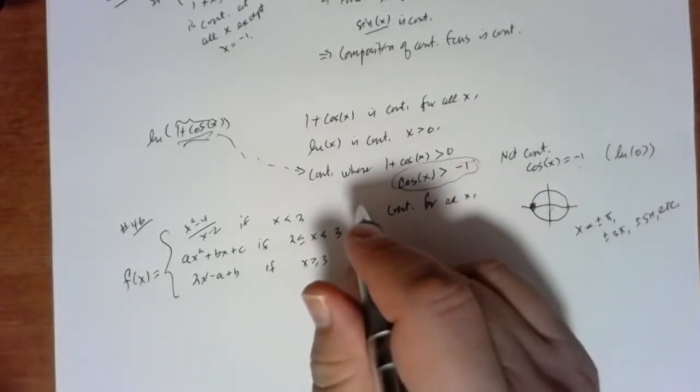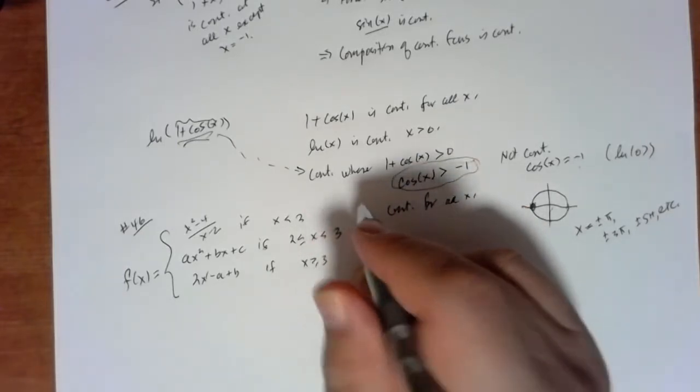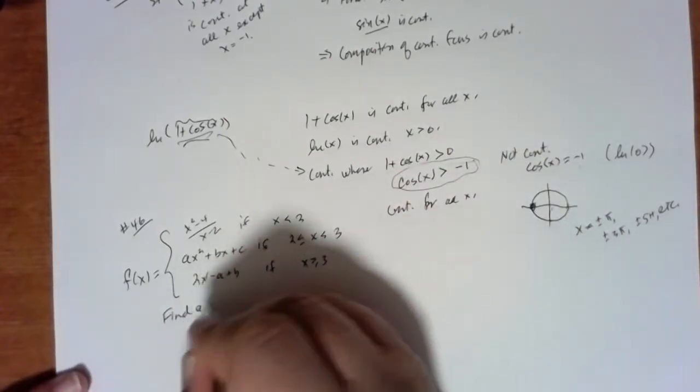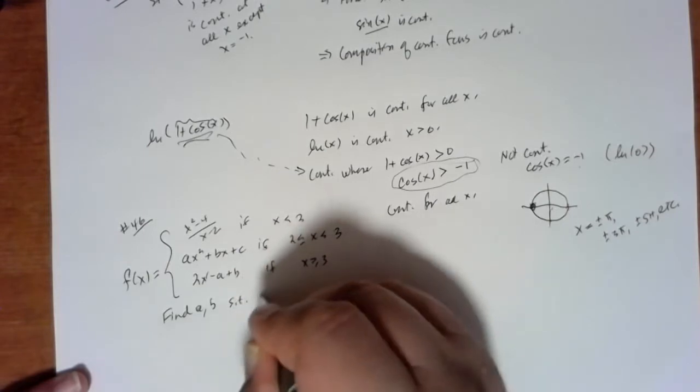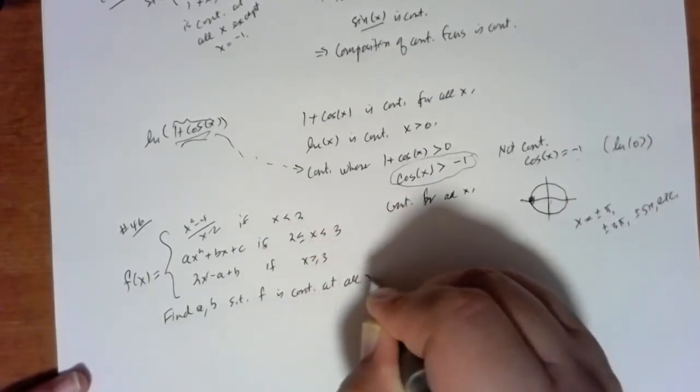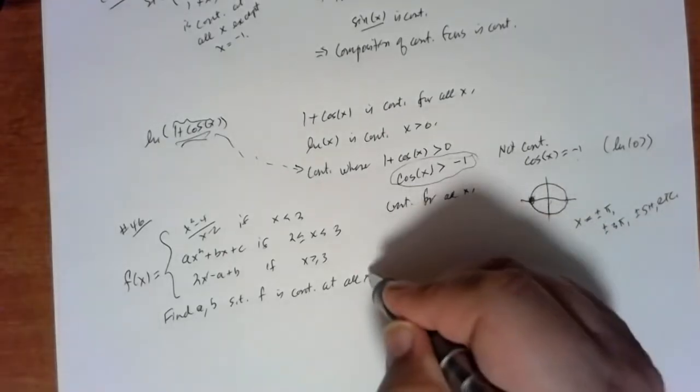This is exercise number 46, by the way, if you want to read along. We want to find a and b so that f is continuous at all x. Good.